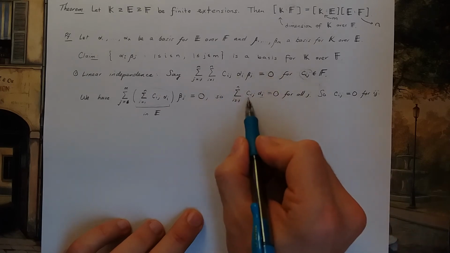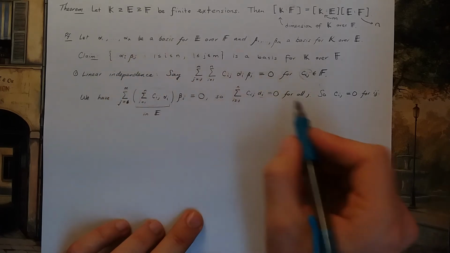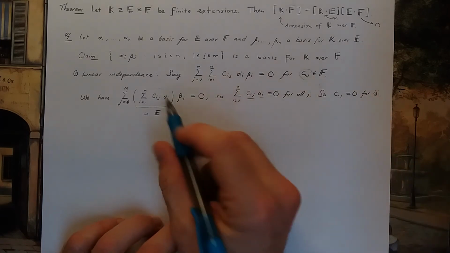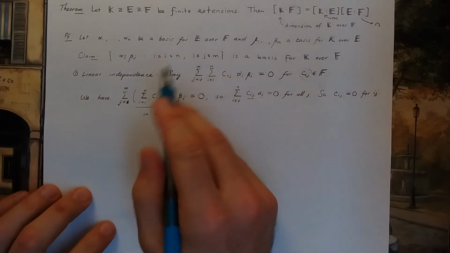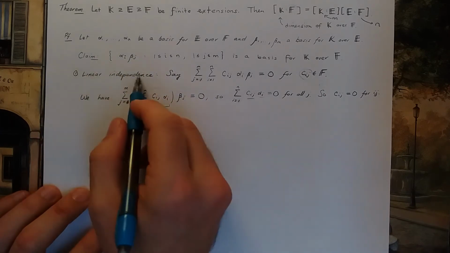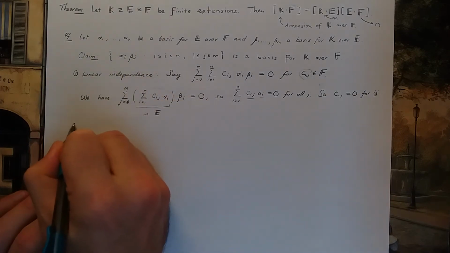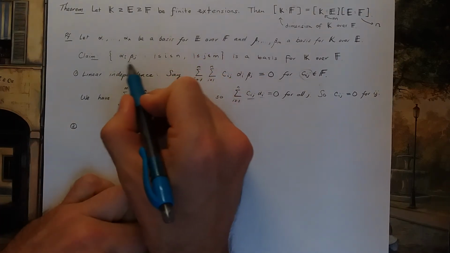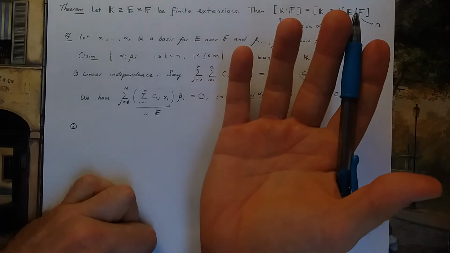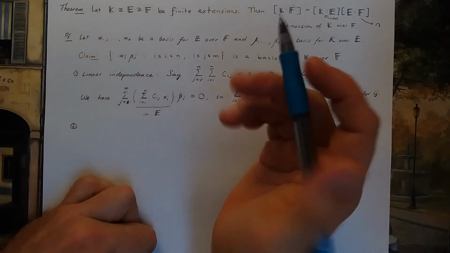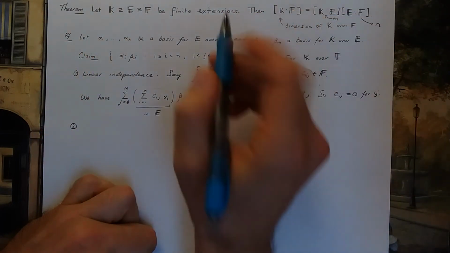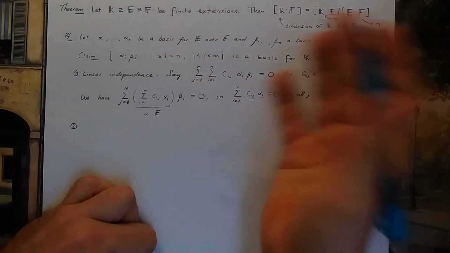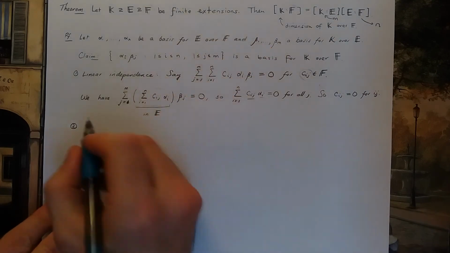And then I'm using the fact that alpha 1 through alpha n is a basis to get each individual coefficient to equal 0. So that verifies that these vectors are linearly independent. Now, just to clarify, I said vectors here because I'm using the term vector and elements in the field interchangeably. I know it's a little mind-blowing at first, but you got to get comfortable with it. I could both have a field and a vector space simultaneously.